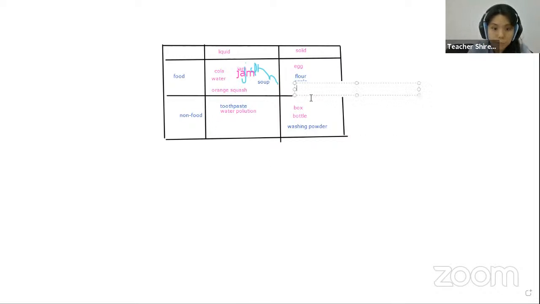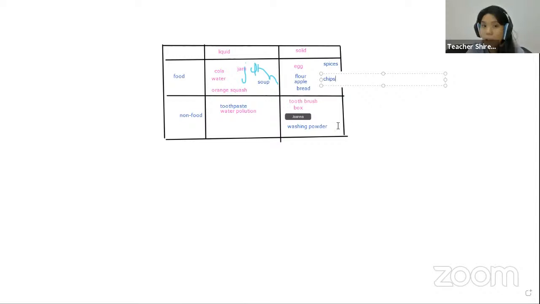Solid. Spices. Spices is solid food. Chips. Solid food. Toothpaste. Done. Egg. Done. Oil.